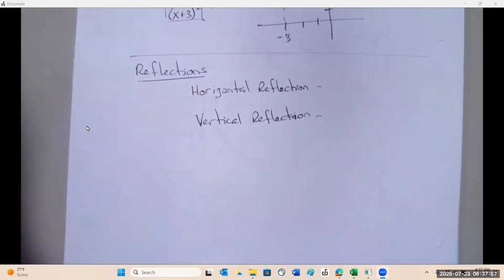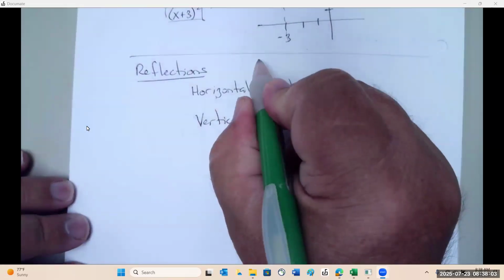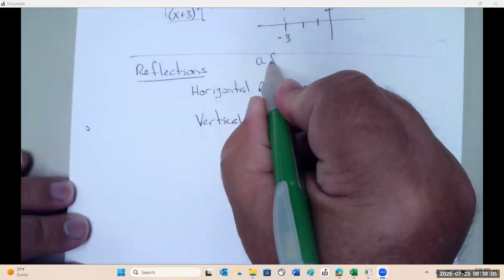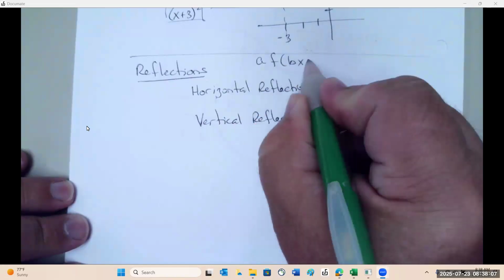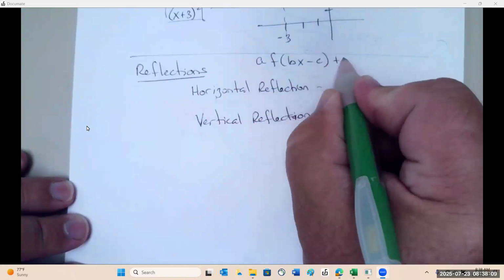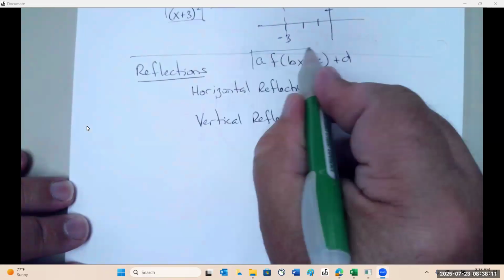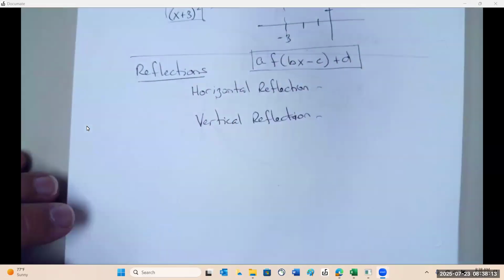What causes a reflection? So this is the equation of our function.